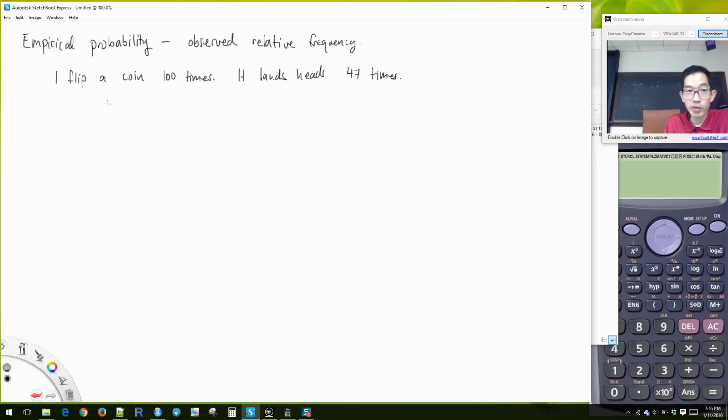Okay? So my empirical probability is 47 divided by 100, or 0.47, okay? And if we had never seen a coin before in our life, and we had no understanding of the physics of coins, and someone wanted to know how often does a coin land heads, our best answer at this time is that it lands heads with a probability close to 0.47, okay?